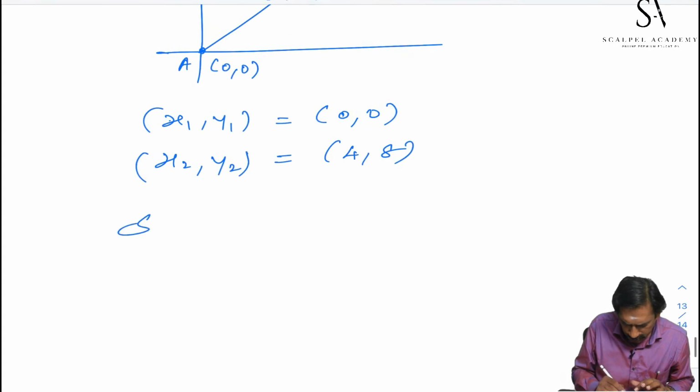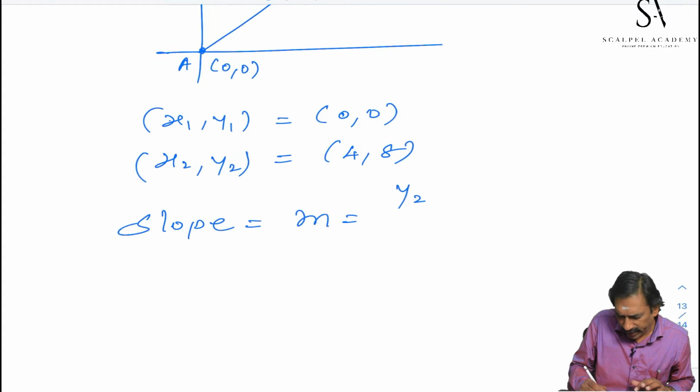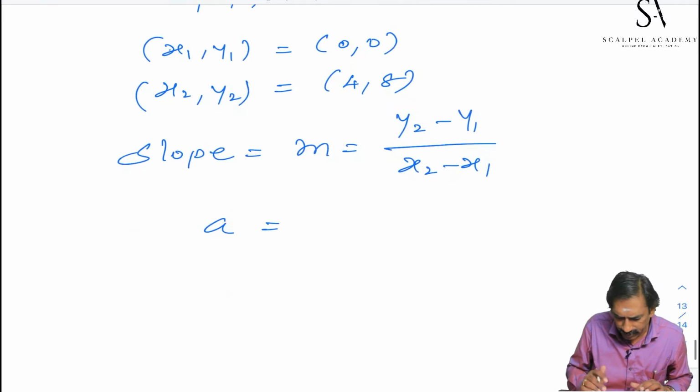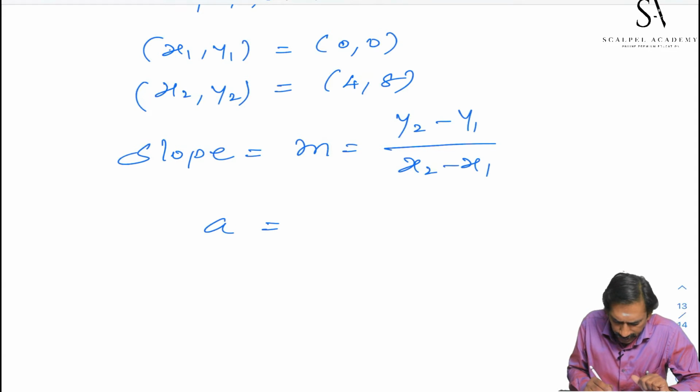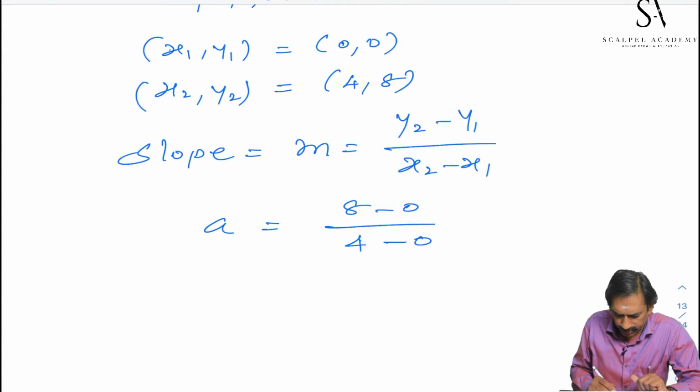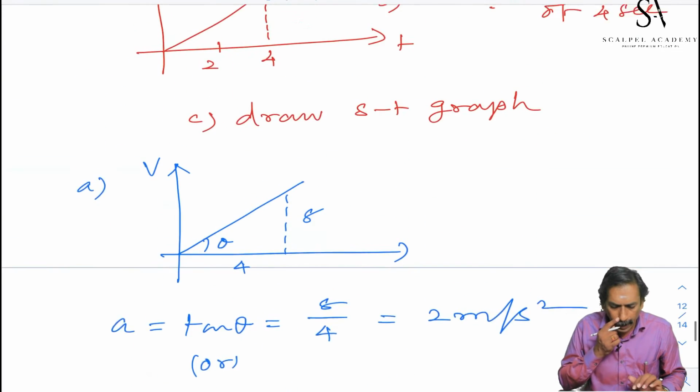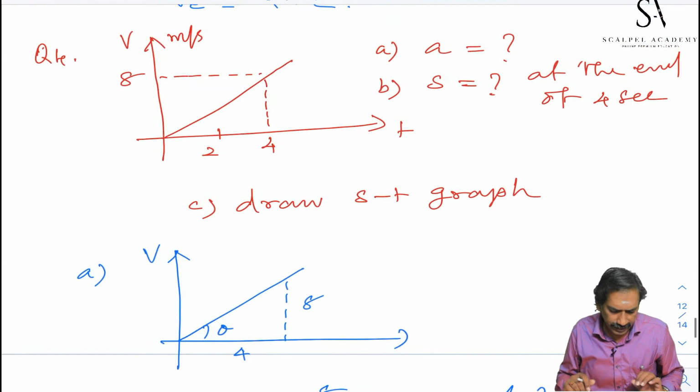Therefore, slope is equal to y2 minus y1 by x2 minus x1. That slope is called acceleration here, in the VT graph. So 8 minus 0 by 4 minus 0. A is equal to 2 meter per second square. Another way to calculate slope. So we have calculated acceleration.